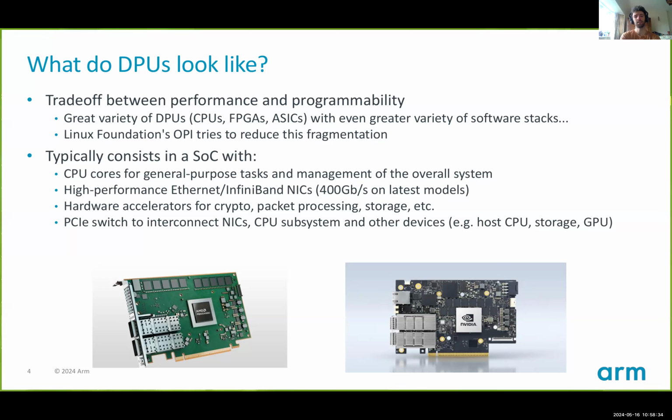You can configure them. The latest DPU models support about 400 gigabit per second, to give you an idea. There are some hardware accelerators for crypto and packet processing, what we talked about on the previous slide. And finally, there's a PCIe fabric to allow all those components to communicate and to connect the DPU with a bigger system. So host CPUs, they can even connect to GPUs and storage devices and so on.